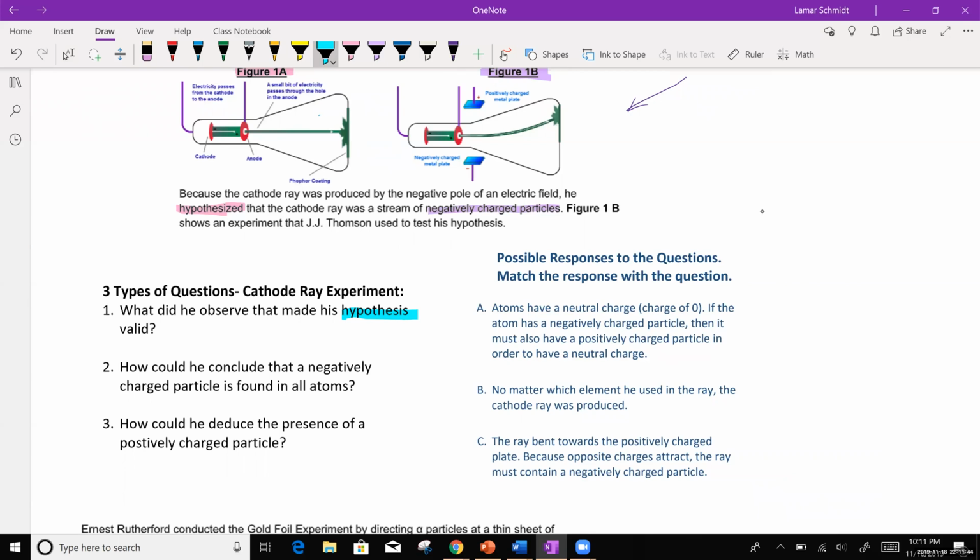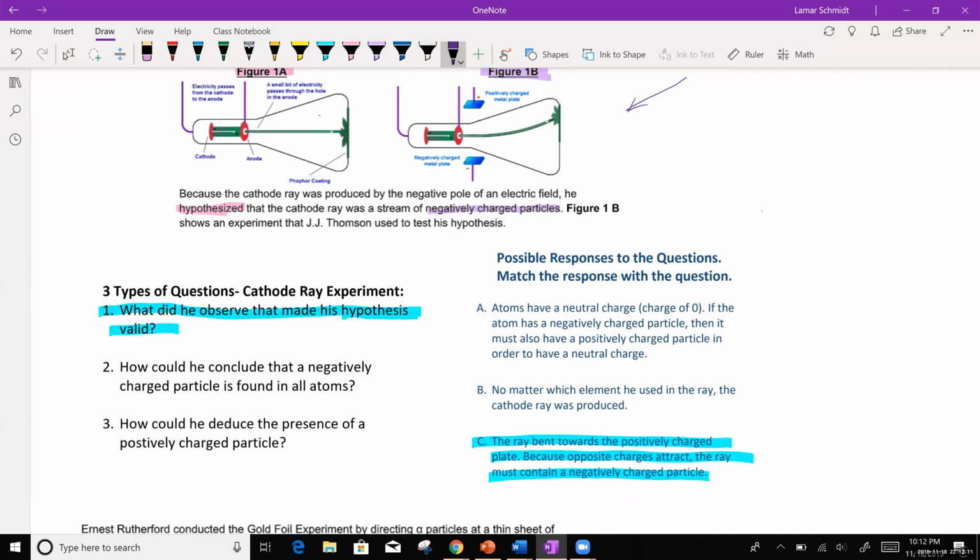And the one that will validate his hypothesis for number 1 is going to be letter C. The ray bent towards the positively charged plate, and because opposite charges attract, the ray must contain a negatively charged particle. And that's really the meat and potatoes of what you need to know.